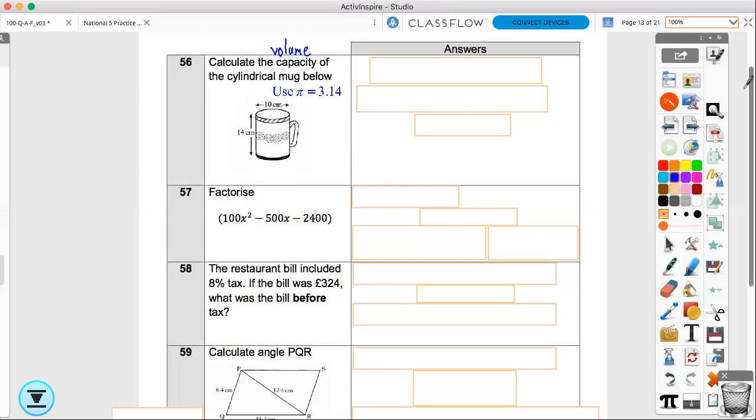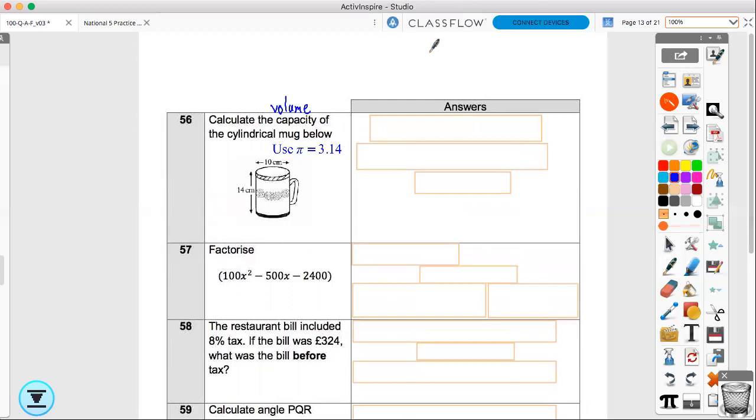The other thing is, if you look through your formula sheet, there is no volume for a cylinder. So now you have to remember that what we said was, to calculate the volume of something, the first thing you do is find the area that keeps repeating itself all the way along a certain length.